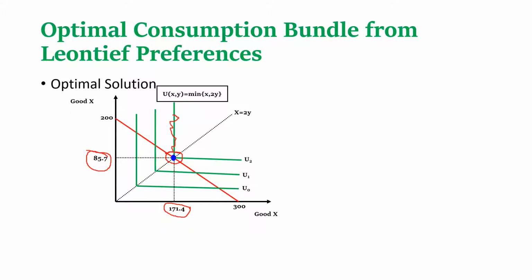Its utility will only be increased if it gets an increased amount of y as well as an increased amount of x, and it has to be in the same quantity. If it gets the same increase in y as well as x, then the consumer is going to maximize its utility. But having one of the goods does not do him any good.